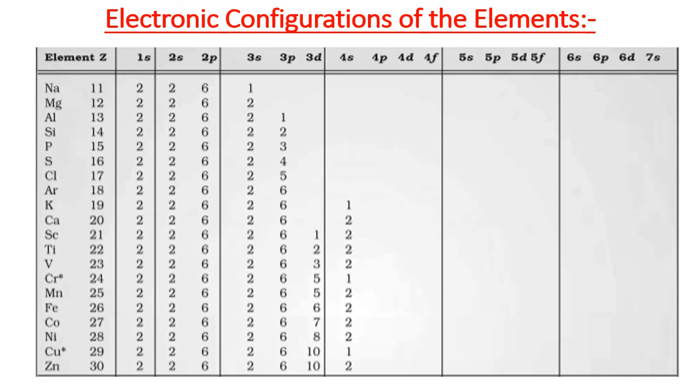From atomic number 11 to 30, electrons are filled in the subshells 1s, 2s, 2p, 3s, 3p, 3d and 4s orbitals.